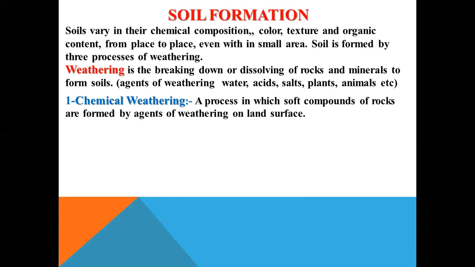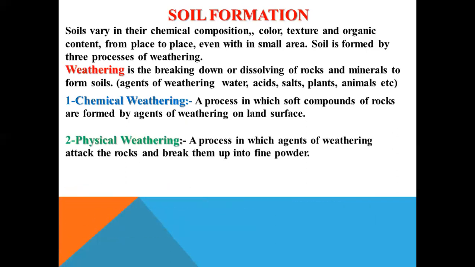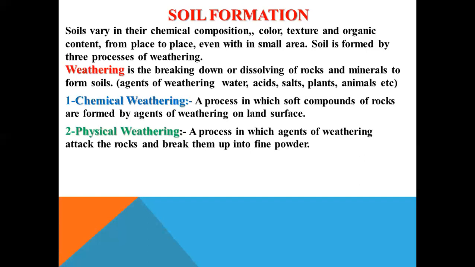Number one, chemical weathering. It is a process in which soft compounds of rocks are formed by agents of weathering on land surface. Number two, physical weathering, a process in which agents of weathering attack the rocks and break them up into fine powder.